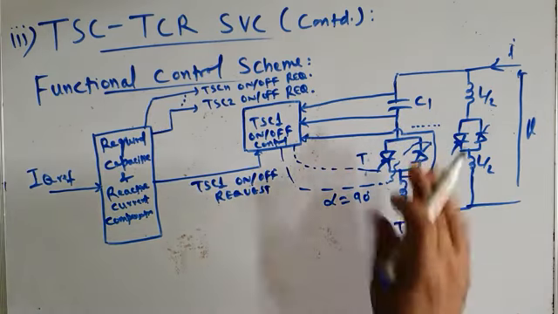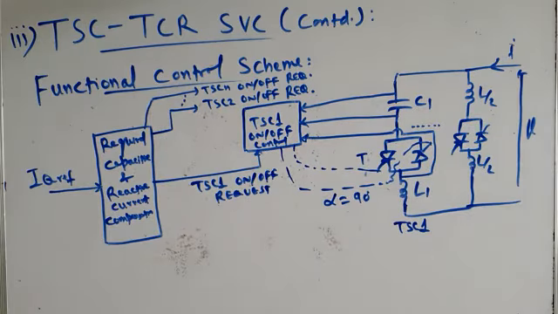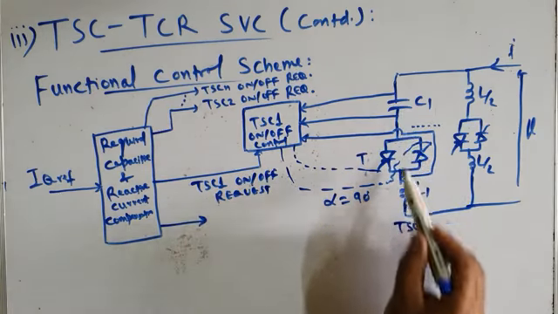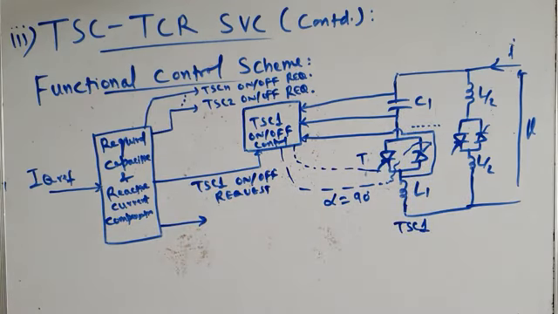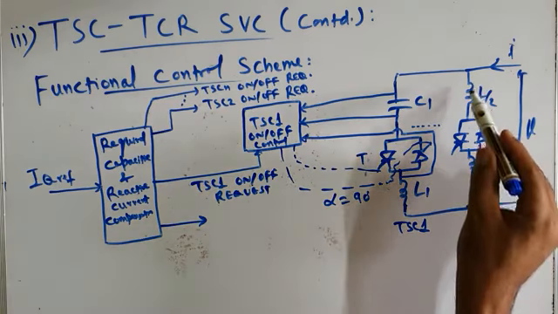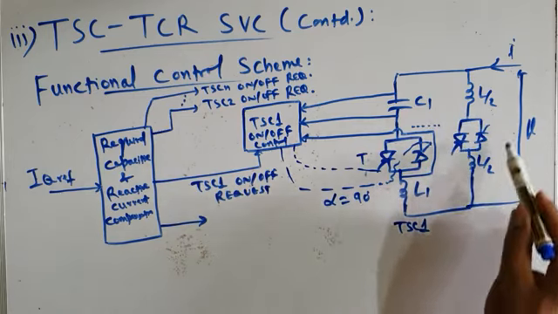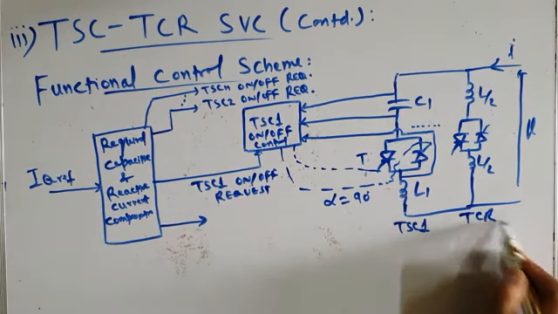So how many TSC branches will be turned on at a time depends upon how much reactive power compensation has to be done. And then, in addition to turning on the n TSC branches, your controller will control the firing of this TCR. This is the TCR.